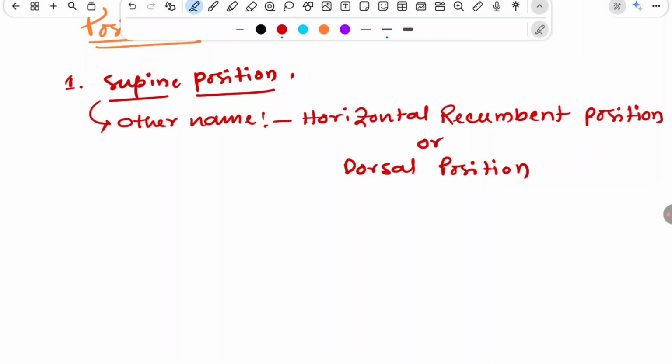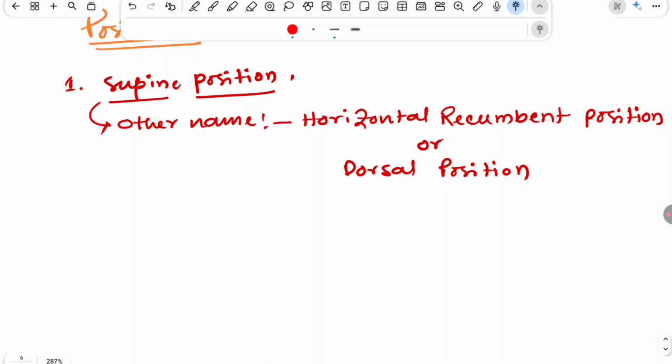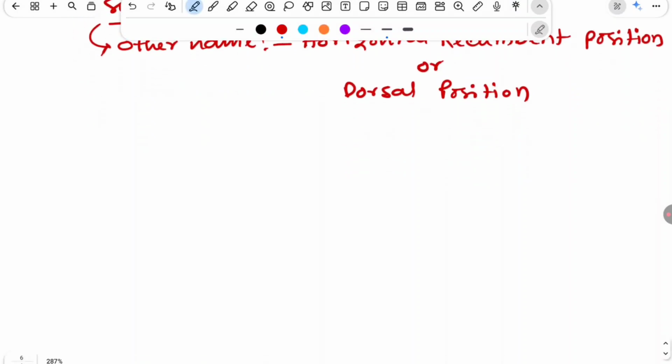All are same, but in exam they can write horizontal recumbent position or dorsal position. Then you have to think that this is supine position only. Understood everyone?